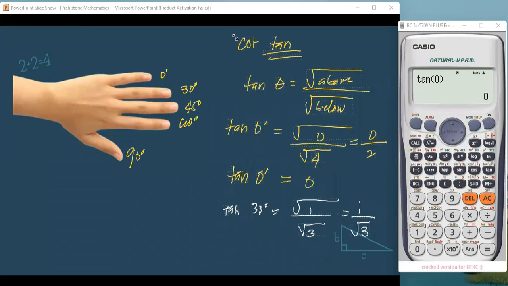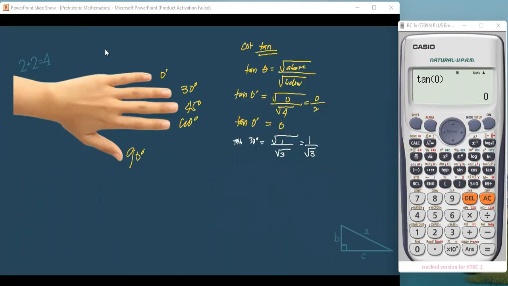Pero wait lang po, suglang po natin ito. So, that will give us times the square root of 3 over the square root of 3. So, kung makikita nyo po in rationalization, still wala naman pong mababago because the square root of 3 over the square root of 3 is just 1. So, a number divided by itself will give us 1 only.